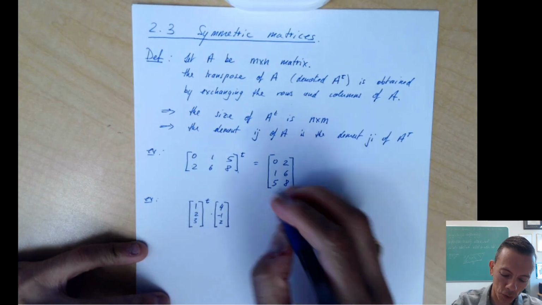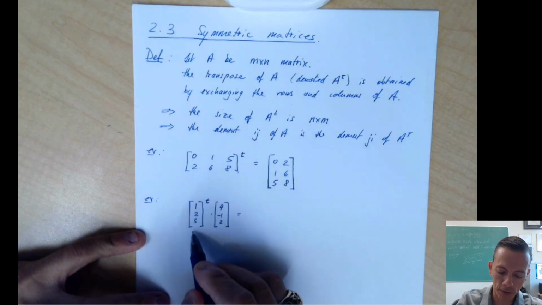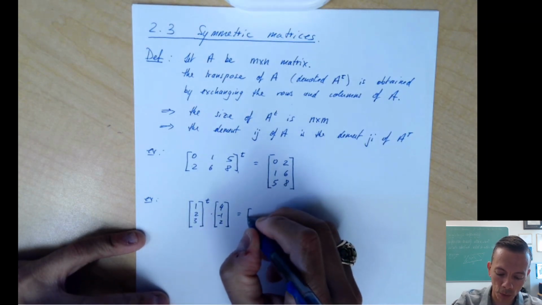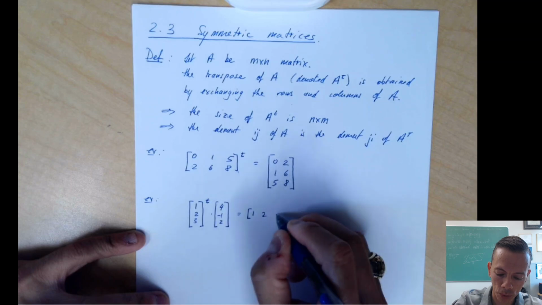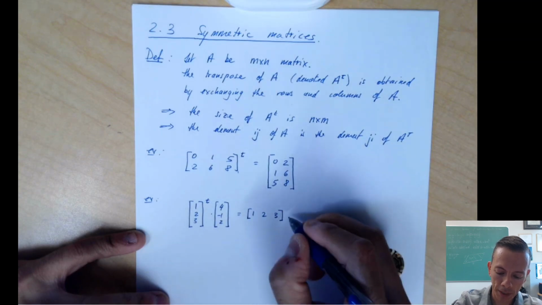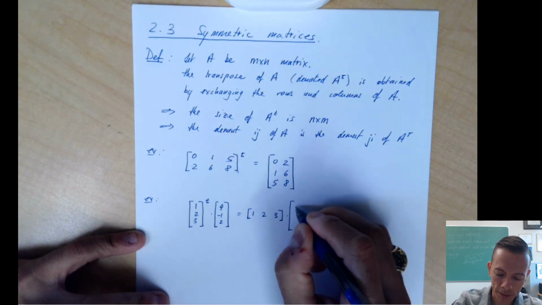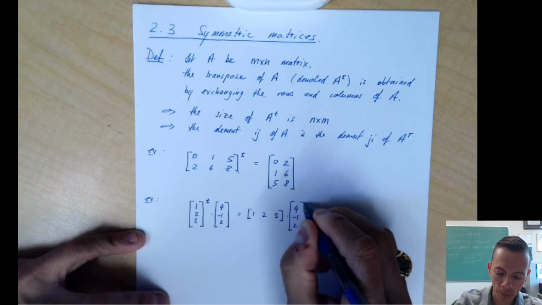But now that we have the transpose, the first column vector becomes a row vector, 1, 2, 3. And the second stays the vector 4, negative 1, 2.